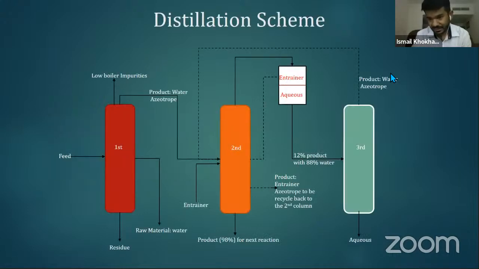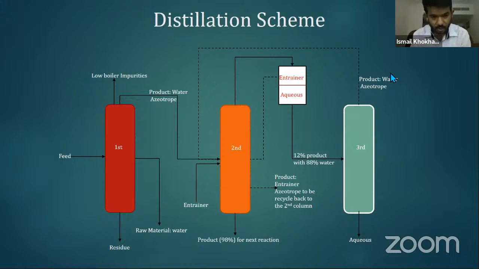So first, let us understand what problem was given to us. The feed which you are seeing in the first distillation column comes from a reactor, where it is fed to the first distillation column. All the three columns are batch columns.